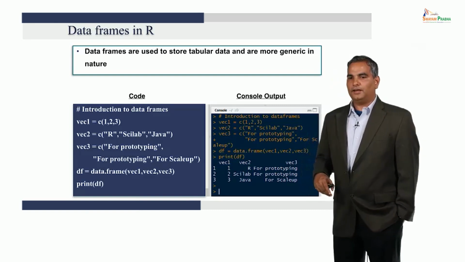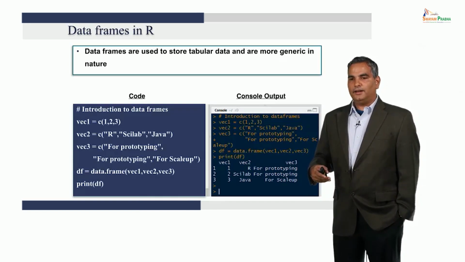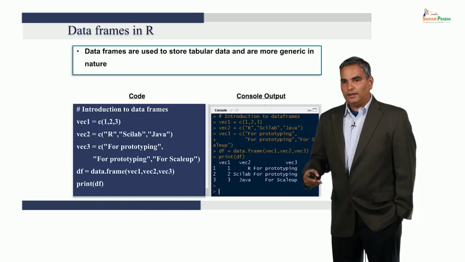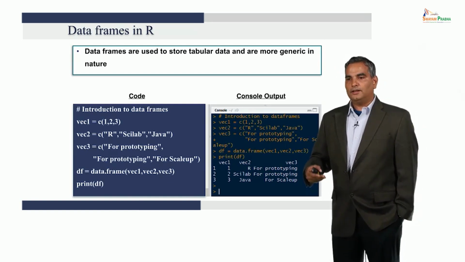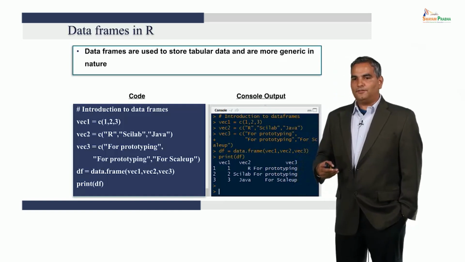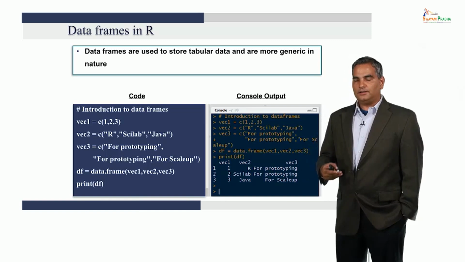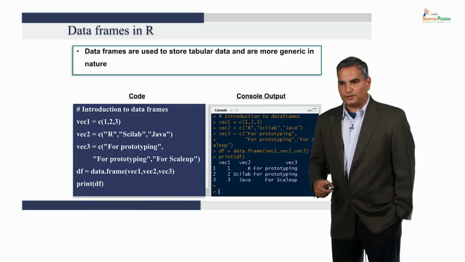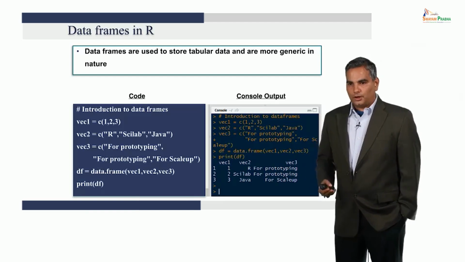So here we have the first data frame that we are defining. In this case, we are defining 3 different columns. Notice that each of the column size is the same. Each column has only 3 elements, but you would see the first column is an integer column. So you have 1, 2, 3. These are the 3 integers which belong to the first column. The second column is string, which is R, Scilab, Java.